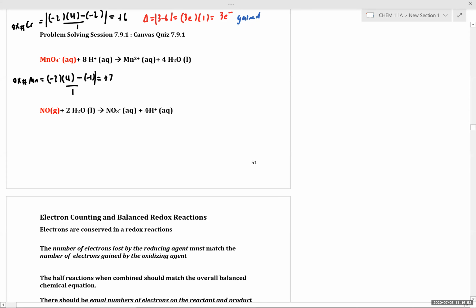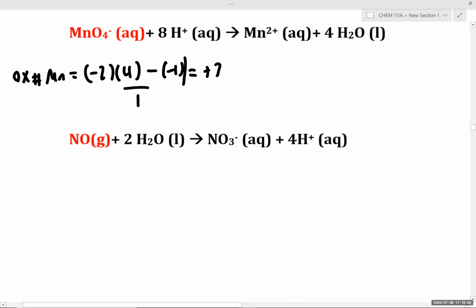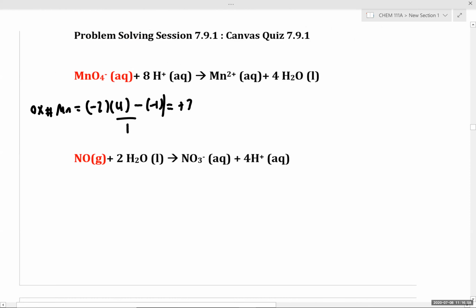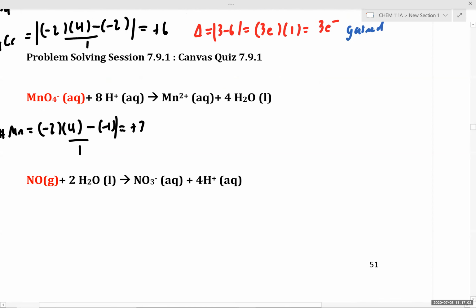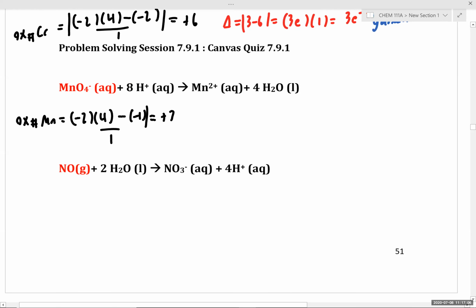One moment, allow me 1 second just to reset OneNote. Okay, so our oxidation number of manganese went from +7 to +2.